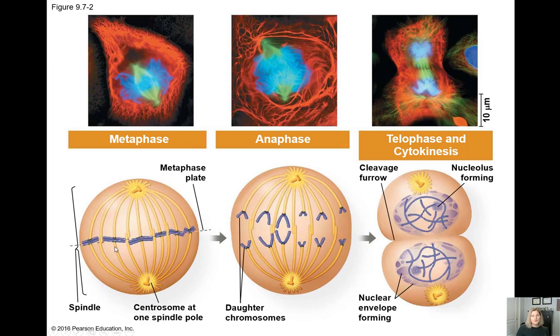And if they're no longer held together, then they are going to be pulled to opposite poles. Okay, so here we have away anaphase because the sister chromatids are no longer held together, and so they are separating and being pulled to opposite poles. So think anaphase away.